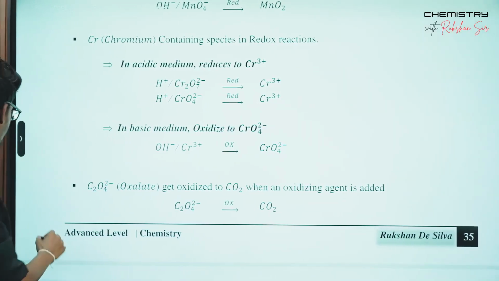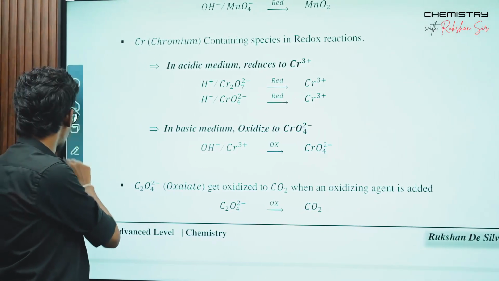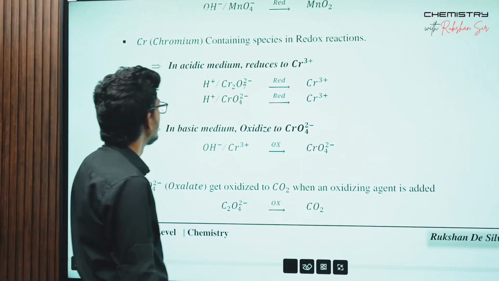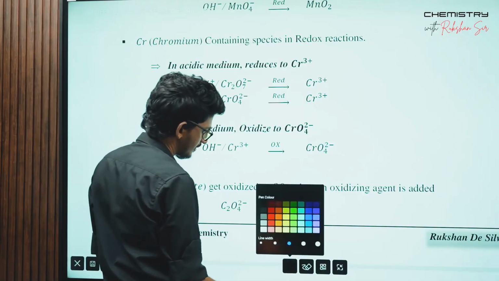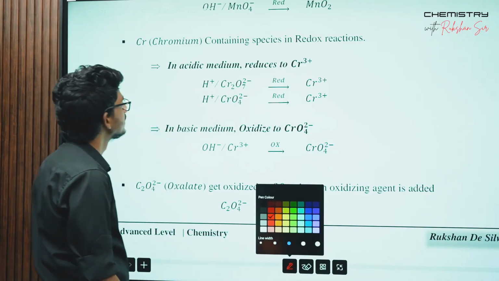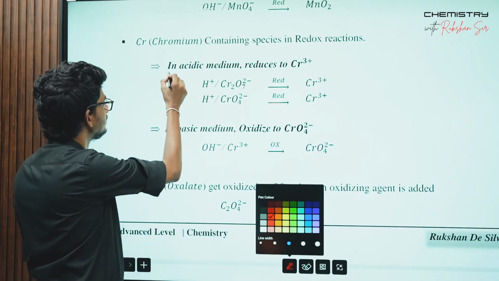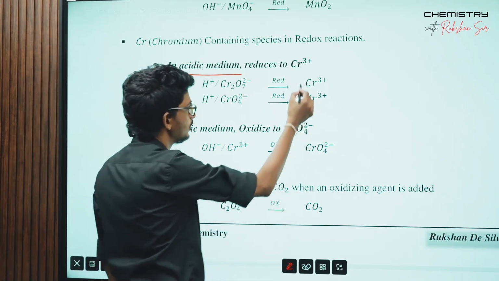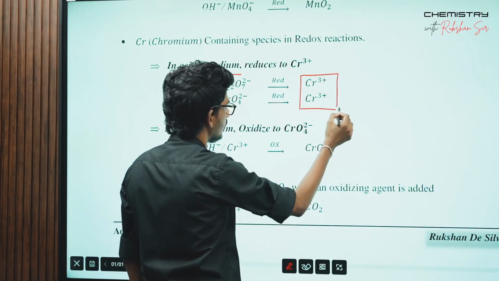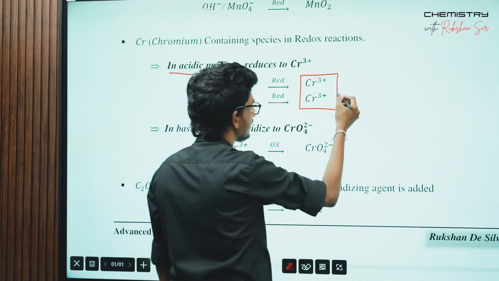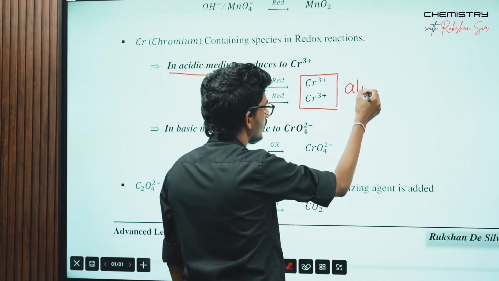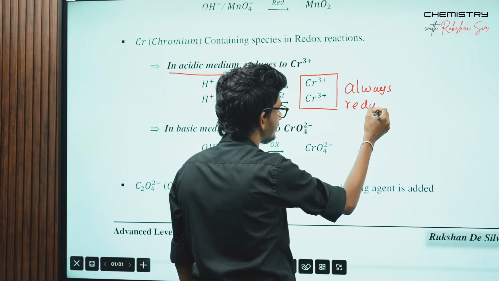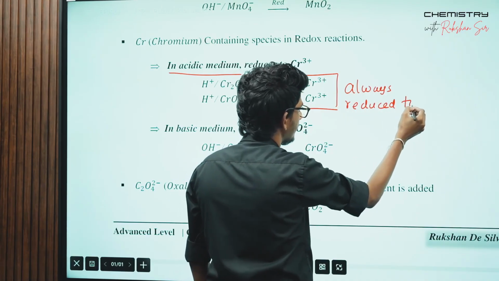When it comes to chromium containing species in redox reactions, in acidic medium they always reduce to Cr3+.